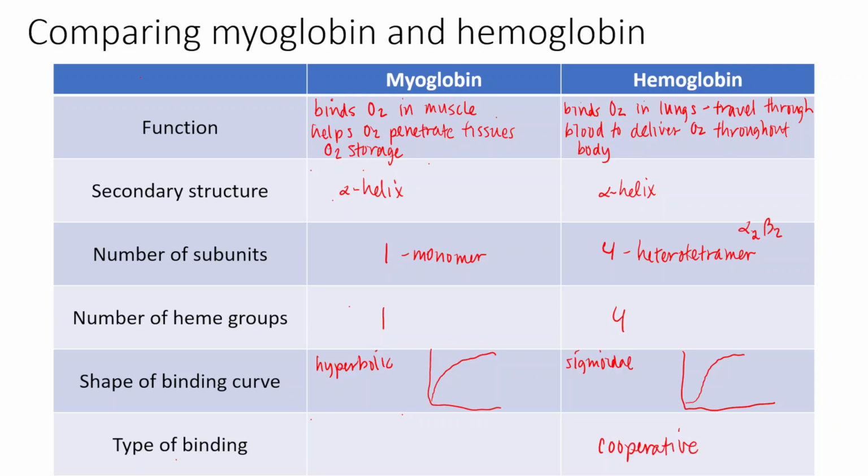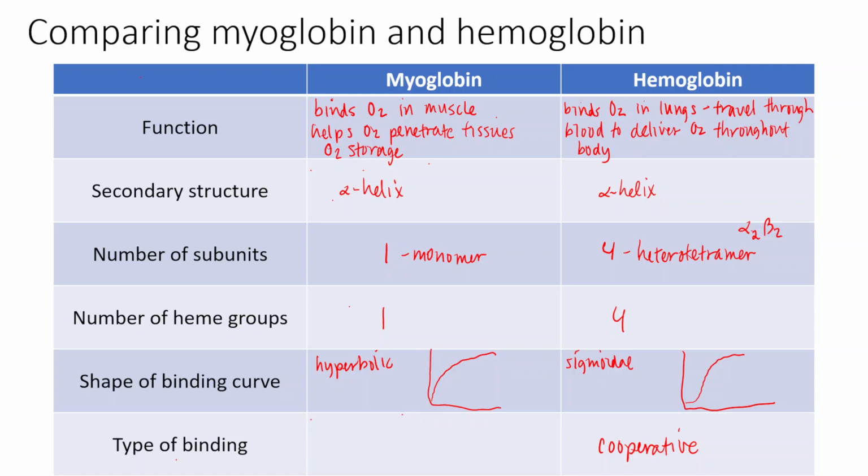And we'll talk more about how that ends up giving it a more S-shape binding curve. So essentially we have kind of a slower rate of binding given oxygen pressure at the beginning, and then as we have increased oxygen, it's better and better at binding as we get more binding. So that was a really terrible way to say it. So let's say that another way.